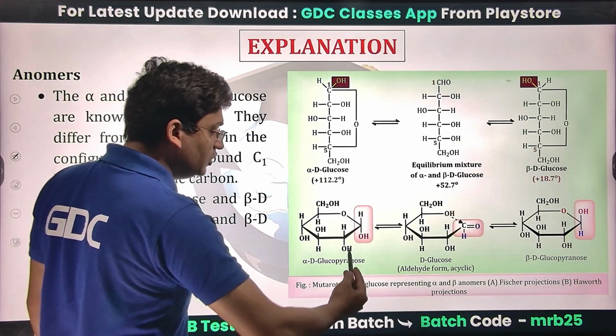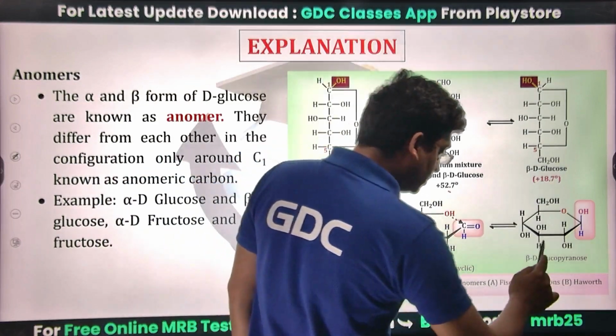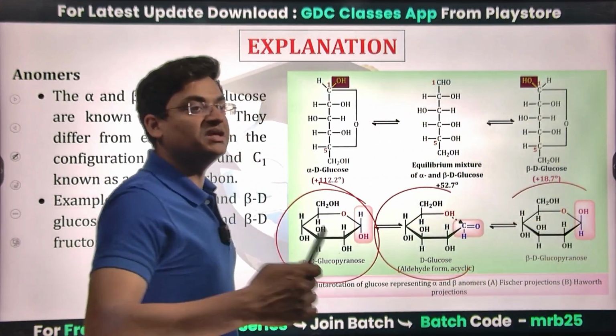Here you can see that we have alpha-D-glucose and beta-D-glucose. What is the major difference between them?